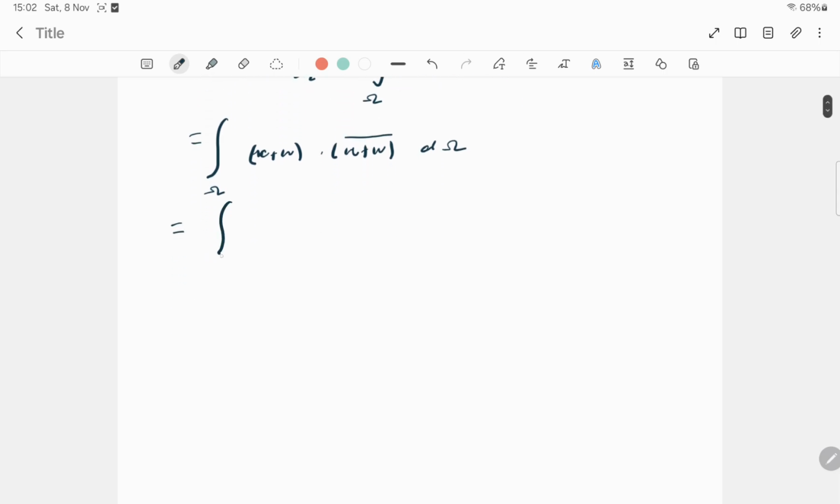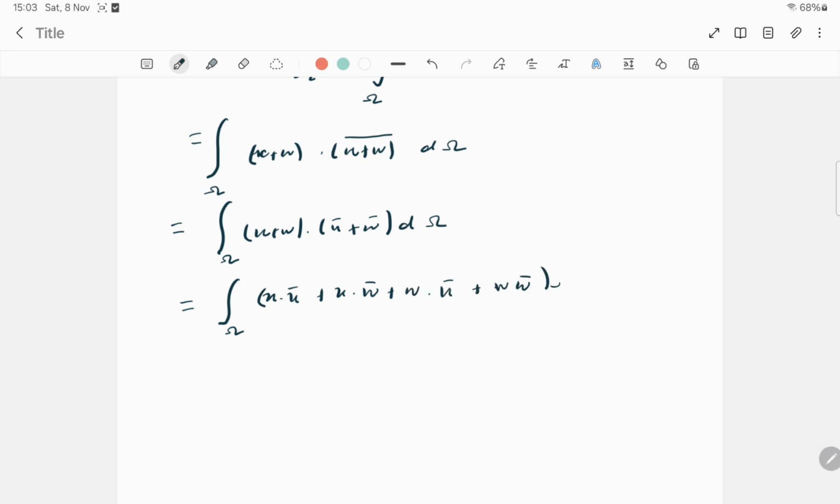And that's going to be the integral over omega of u plus w times u bar plus w bar d omega. That's going to be u times u bar plus u times w bar plus w times u bar plus w times w bar d omega.